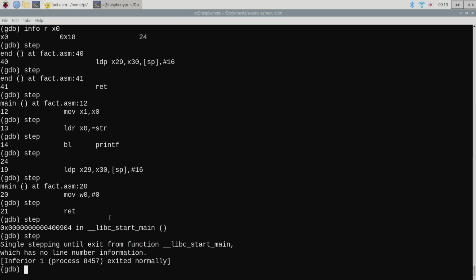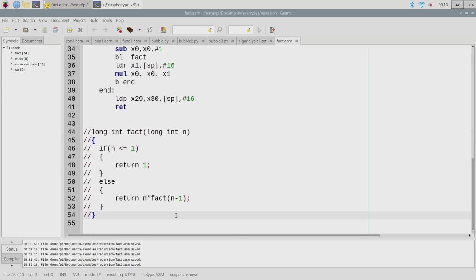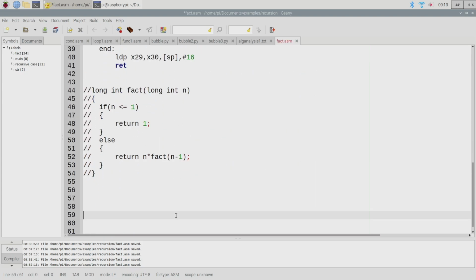All right, so the very last thing I wanted to mention, just briefly, is relative addressing of memory. So let me go back to Jeannie, and I'm just going to type a line here down at the bottom, and I'll delete it later. If I want to do string processing in C, how did we handle a string?